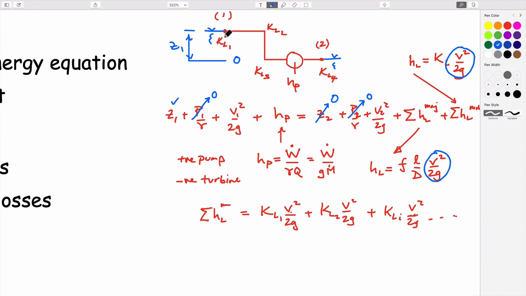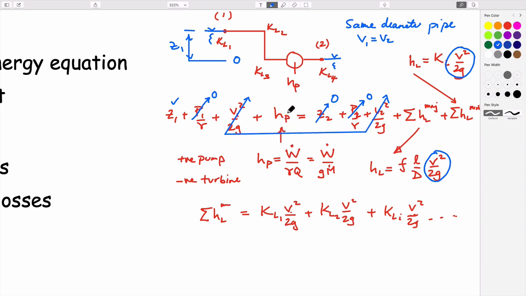Because the velocity in and the velocity out, if we have the same diameter pipe, then V1 equals V2, and in which case these two terms go to 0.